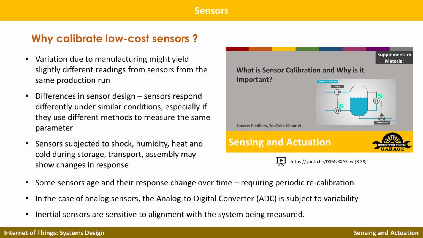Differences in sensor design: sensors respond differently under similar conditions, especially if they use different methods to measure the parameters. We already talked about a couple of different temperature sensors which use different techniques to implement. They may behave in slightly different ways in very similar conditions.